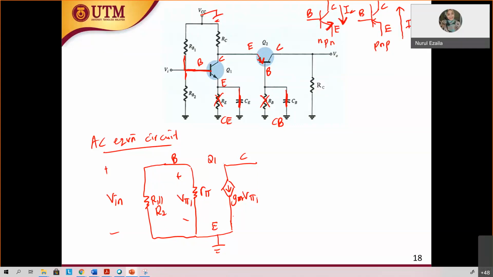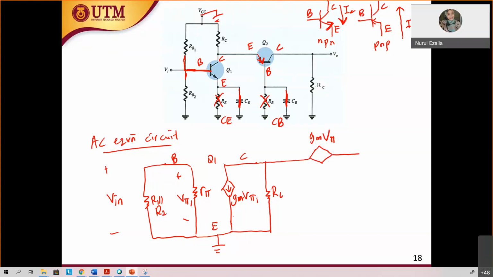We haven't finished yet. For stage 1, what else do you have? At the collector you have RC. And stage 2 is common base. You know that in common base you have the horizontal current, gm V pi.